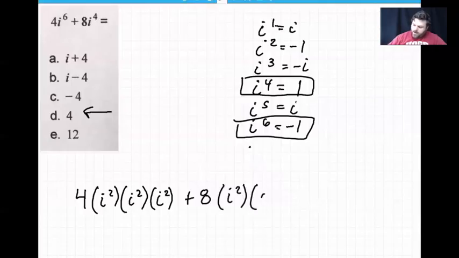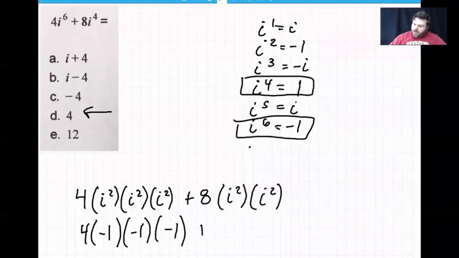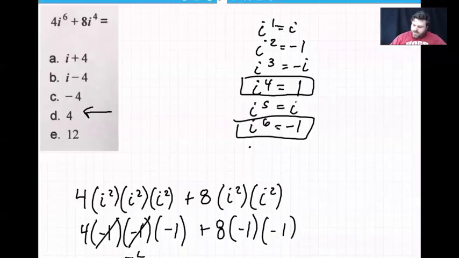That's 2 i squareds. Okay, we know what i squared is. It's -1. So I can just replace each i squared with a -1, and this will work too. The 2 negatives make a +1, and then the other -1 makes a -4, and these 2 make a +1, so they just leave an 8, and I still get 4. So that's one way to think about it too, is how many i squareds do you really have? That's a good way to do it as well.